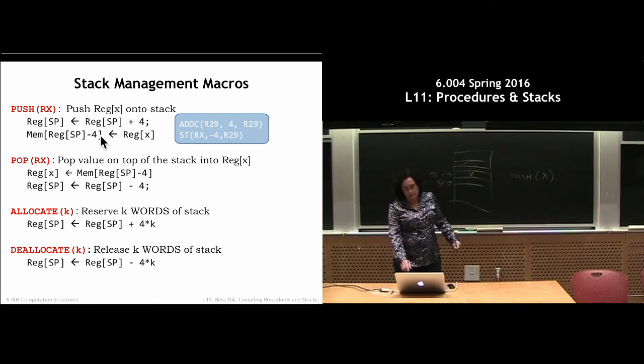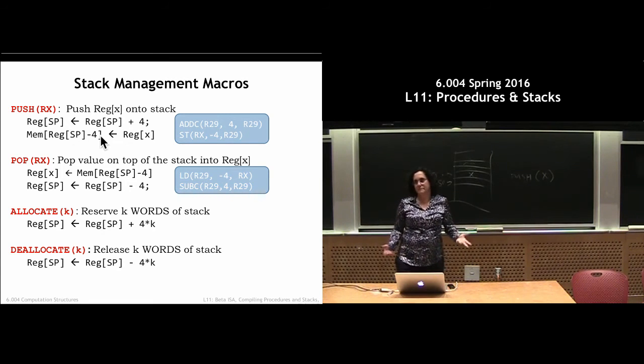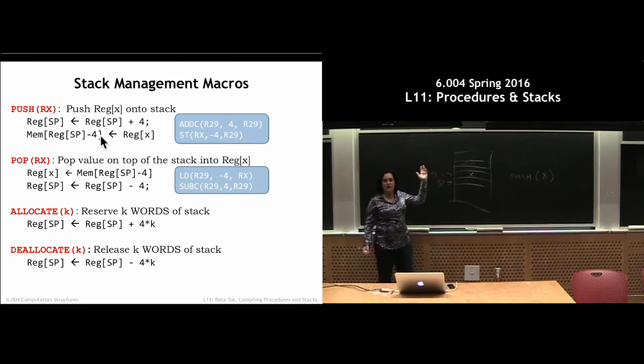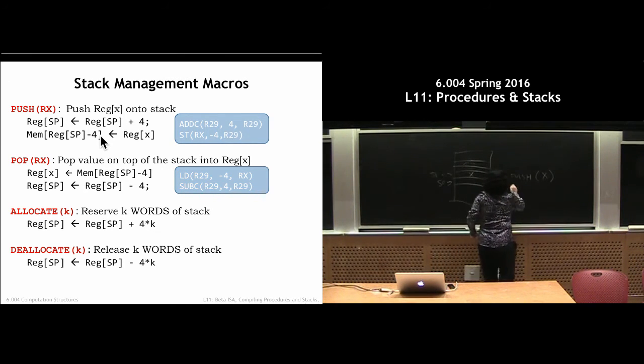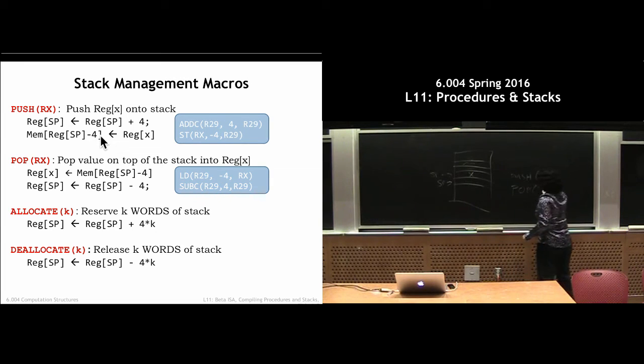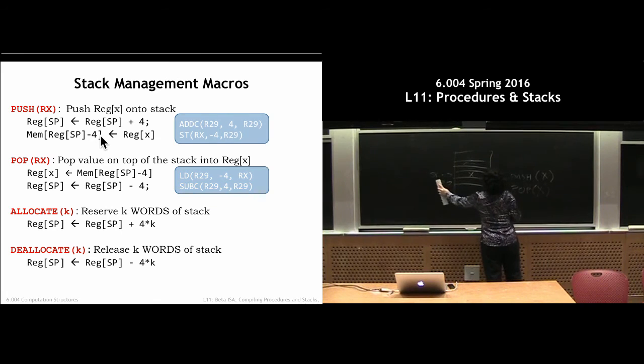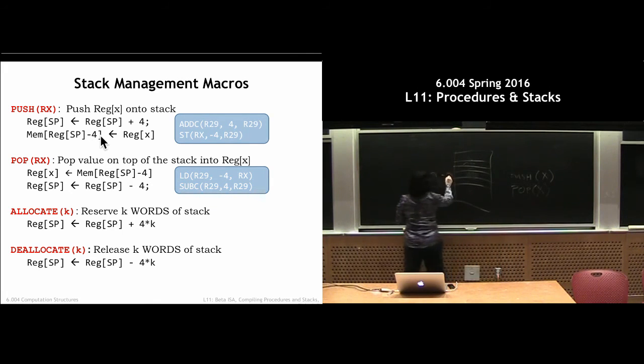Okay? My pop is very similar. We need to do the reverse. So if I have a value x here and I want to take it off the stack, I'm going to do a pop of x. What I'm expecting is that after I've done that, my stack looks like this again, and my stack pointer now points over here.